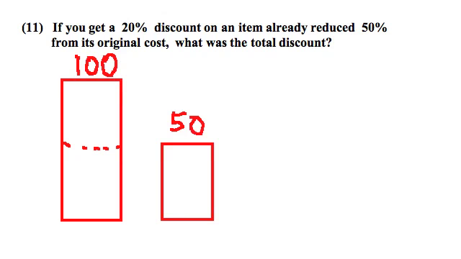Now you're getting a 20% discount, not on the original 100, but 20% on 50. So your discount here is 20%, which is a $10 discount. So your final price is $40.